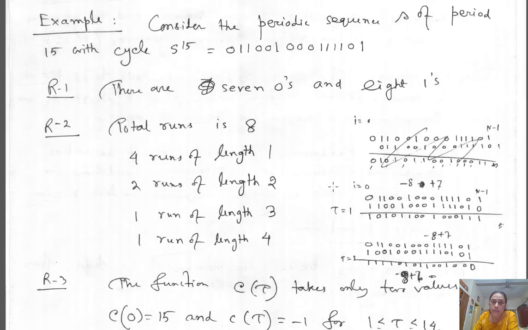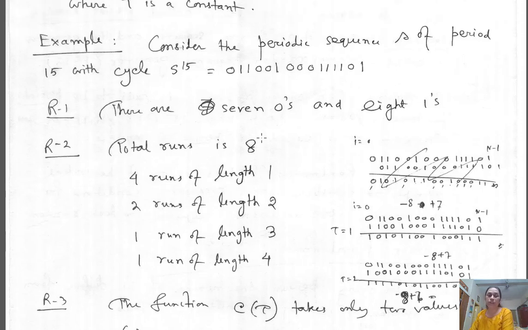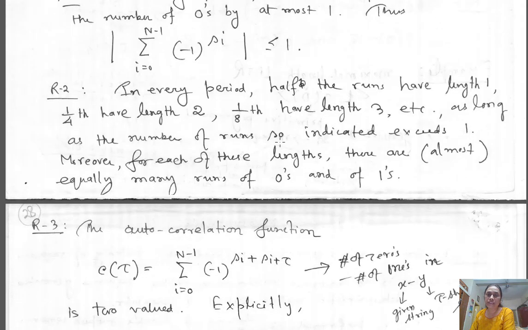So 8 by 8, and after that you cannot divide it further. So when it is 1, you stop. You keep on dividing by 2 every time, first half, then 1/4, then 1/8, like that, until it does not exceed 1. When it is less than 1, then you stop.